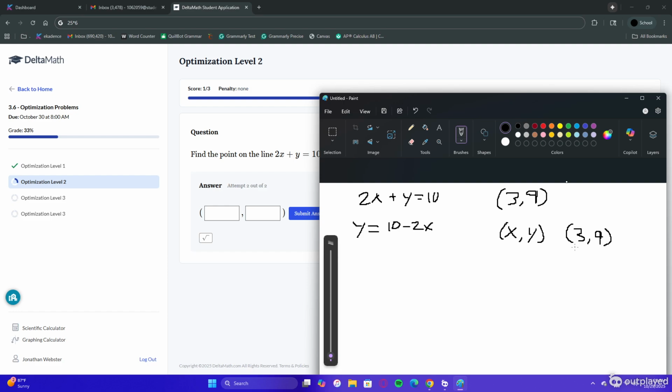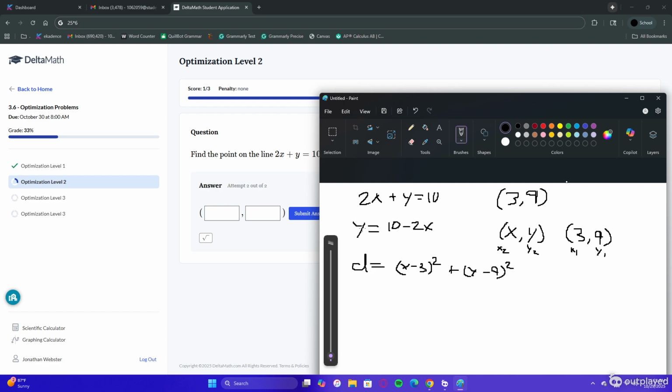So to do this, we have to use the distance formula that states d equals the square root of (x2 minus x1) squared plus (y2 minus y1) squared. We can label this as our x2 and y2, and this would be our x1 and y1. So the distance formula for this would look like (x minus 3) squared plus (y minus 9) squared.